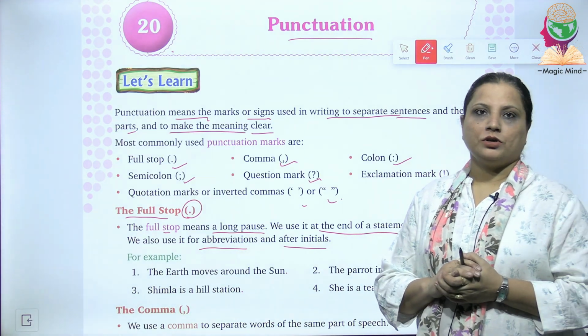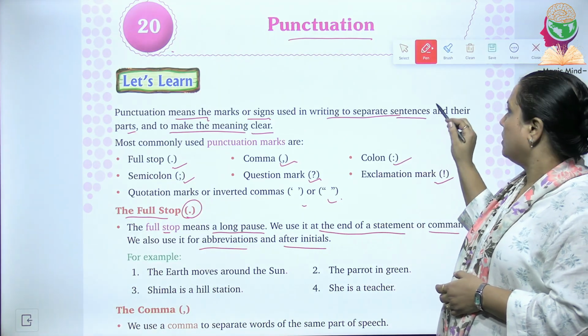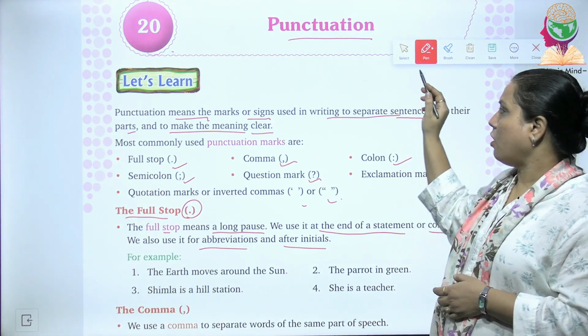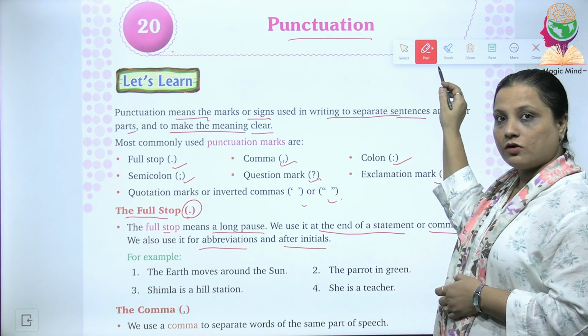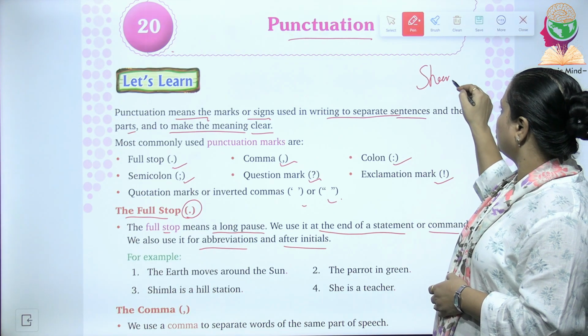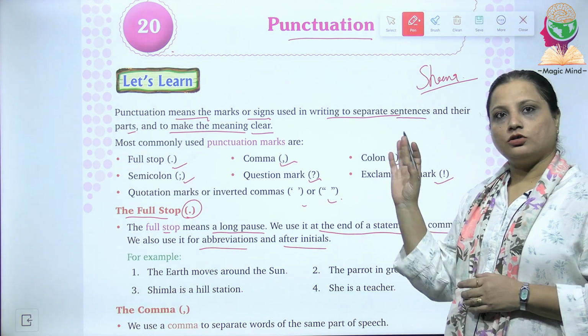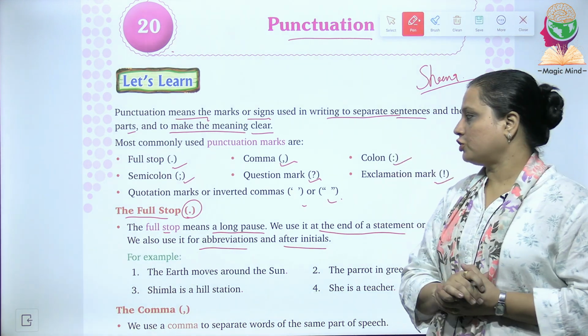Suppose we are doing our initials, means signature. Suppose I am writing here my name and signing off. So how will I write? I will write Sheena and a dot over there. So we are using it in the initial.